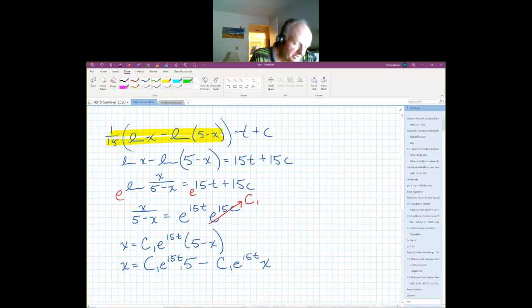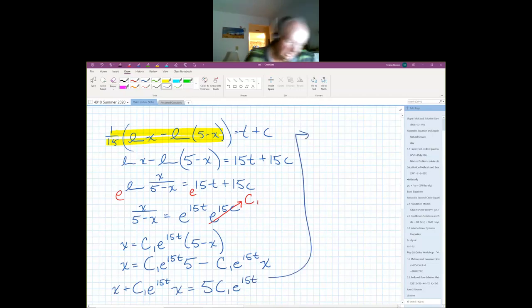This is where we made our mistake before. We just grouped these together and called them a new constant, but we want to leave it there because we don't want a new constant. And so you have x plus C sub 1 e to the 15t x equals 5 C sub 1 e to the 15t.